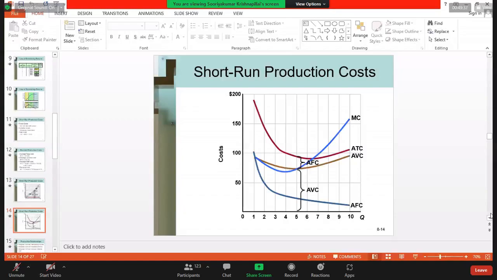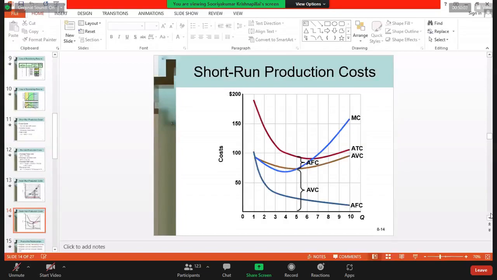The gap is fixed cost. So at the initial output level, the average fixed cost is high, so the gap is high. When we produce more and more, you can see average total cost and average variable cost become closer because average fixed cost is decreasing. So the difference between average total cost and average variable cost is average fixed cost.